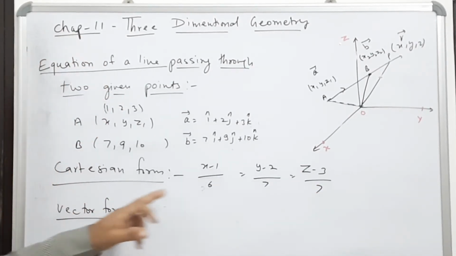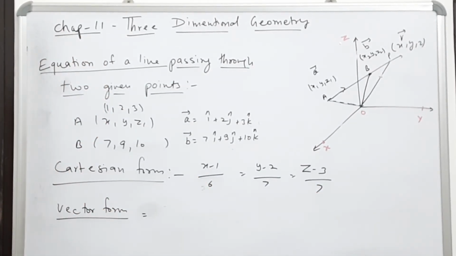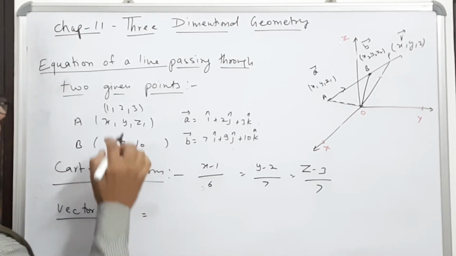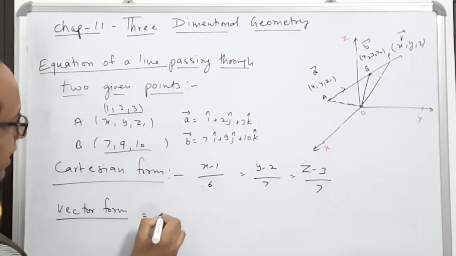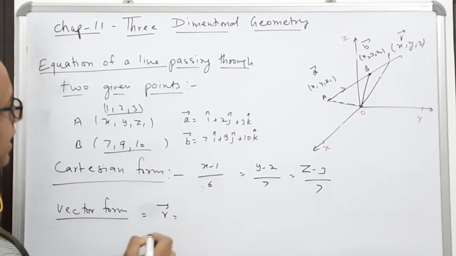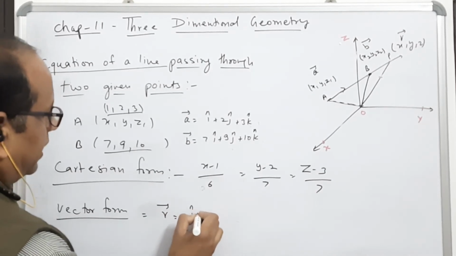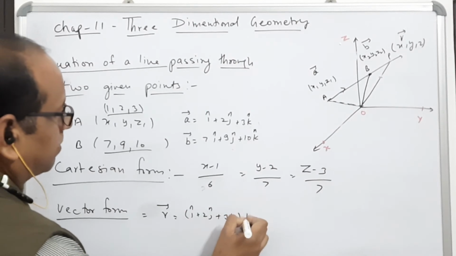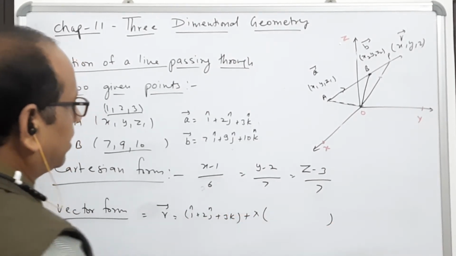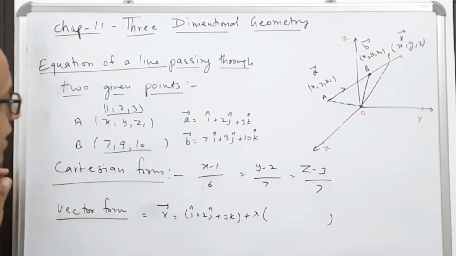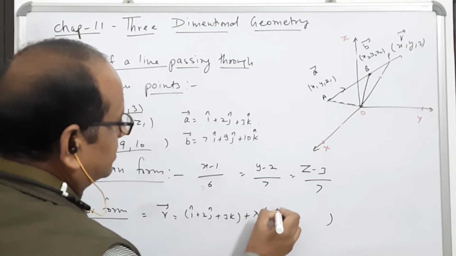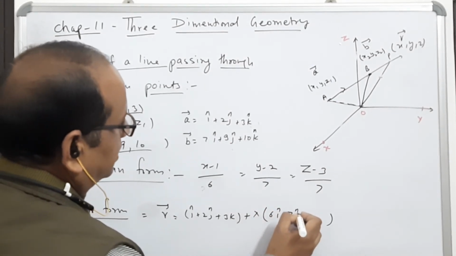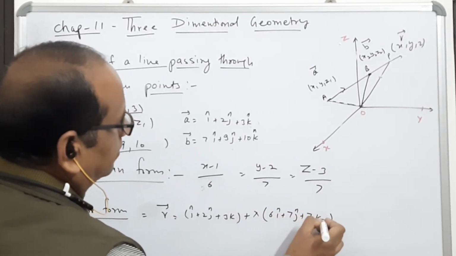So that is the equation of the line in the Cartesian form. And what will be the equation of the line joining these 2 points in the vector form? So it is r equals i cap plus 2j cap plus 3k cap plus lambda times (b minus a vector), that is 6i cap plus 7j cap plus 7k cap.